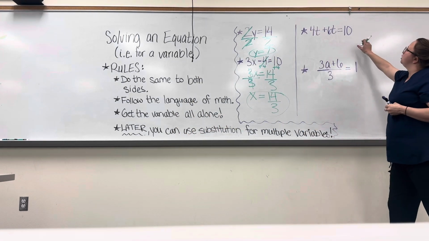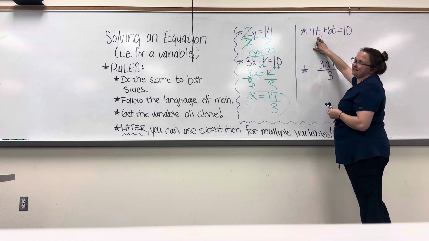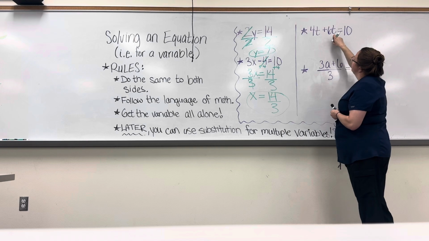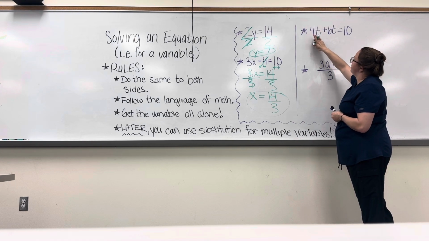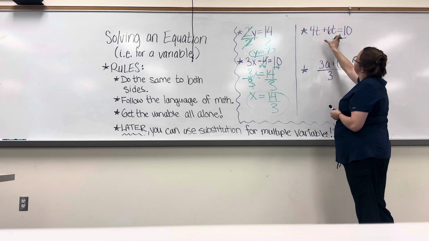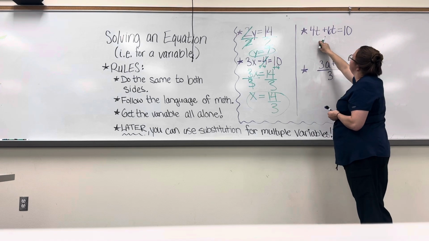Moving on, combining like terms. So you see a t here, and you see a t here. These are the constants for these t's, so you have 4t and 6t. These 2 terms can combine. You're going to add them together.